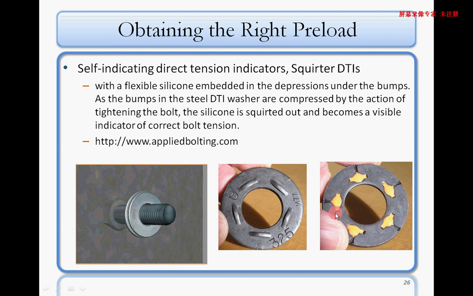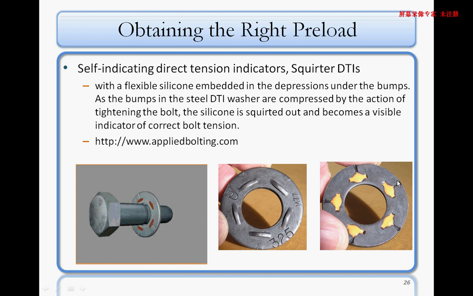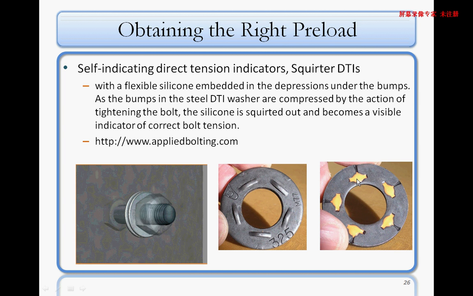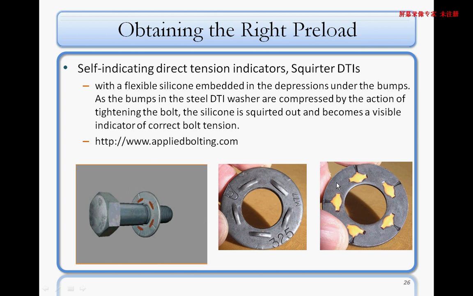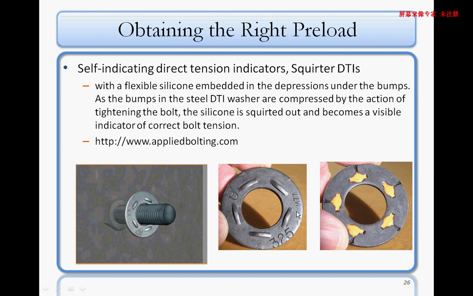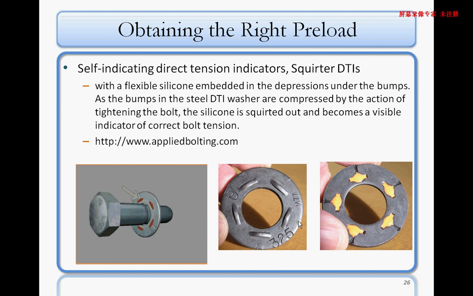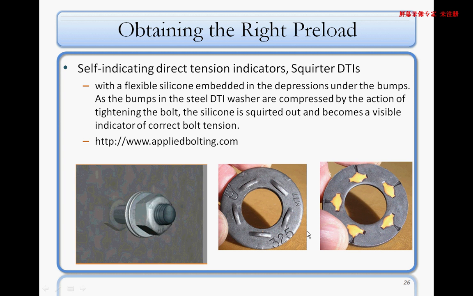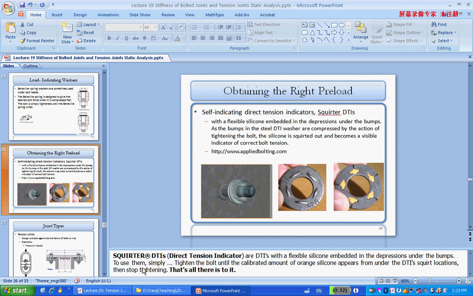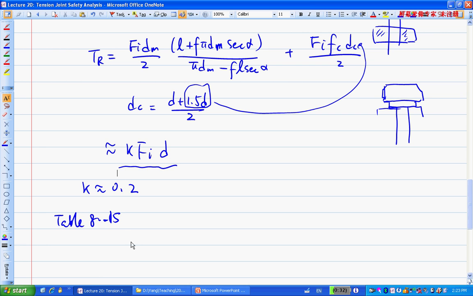When you tighten the nut until the silicone squirts out, that basically indicates you applied the proper load. So there has to be a match for the application. That's pretty convenient, of course. That's how you can apply a proper load.